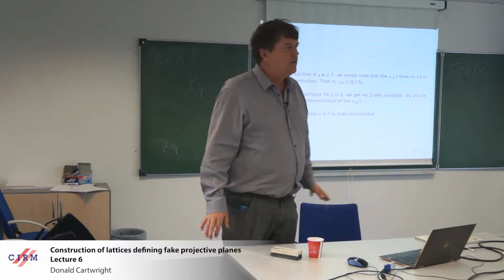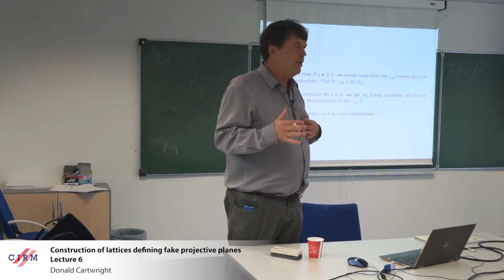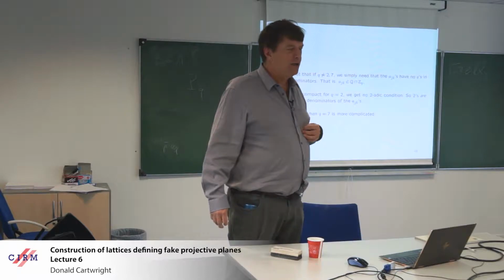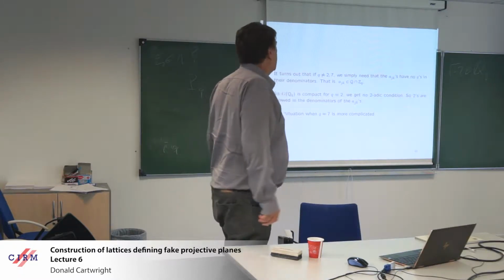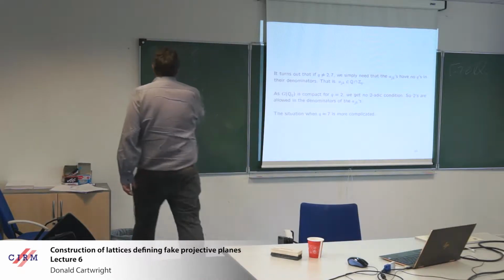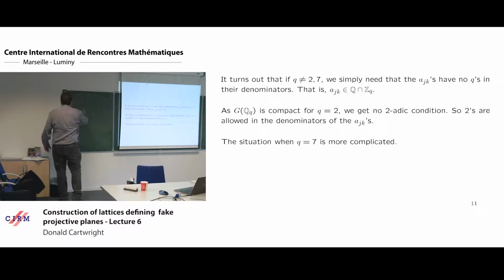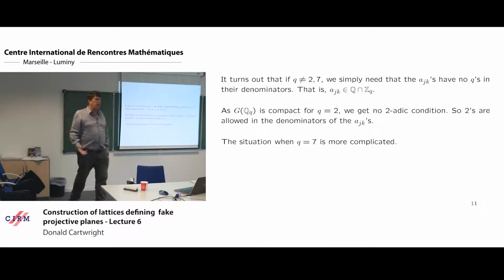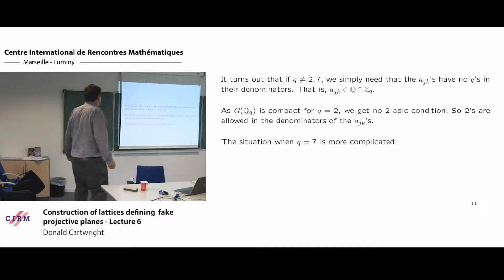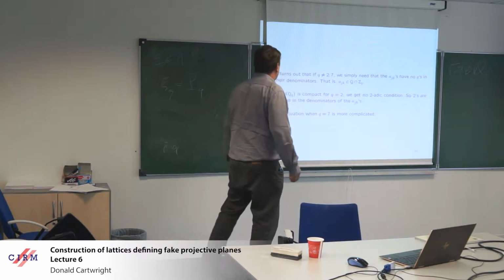This is not a completely obvious fact, but it's true, that if q is different from 2 and 7, in order for the image of psi to be in here, you just need that there are no q's in the denominator of the ajk. One has to do a little bit of work to see that. It's not hard, but it's not completely obvious. And indeed, when q is 7, it's not true.